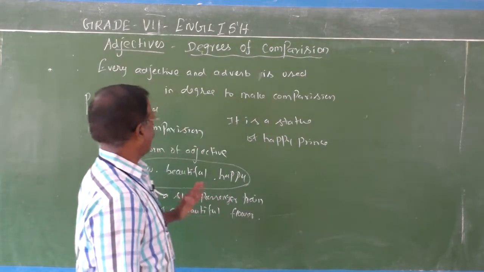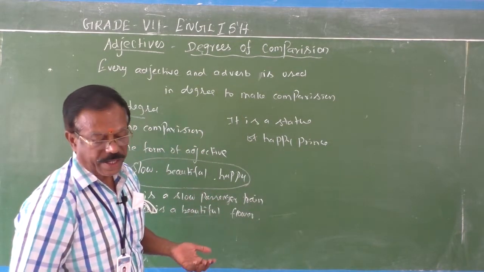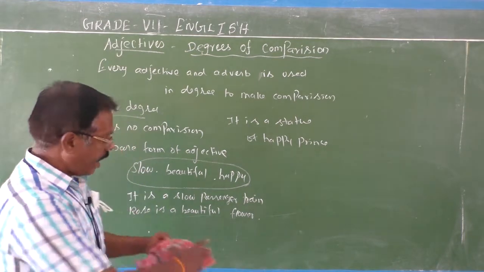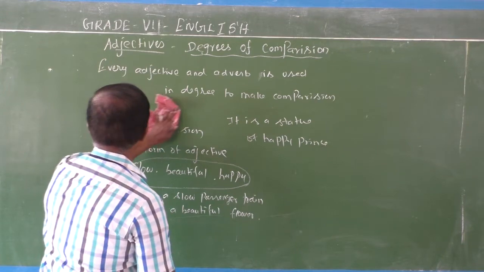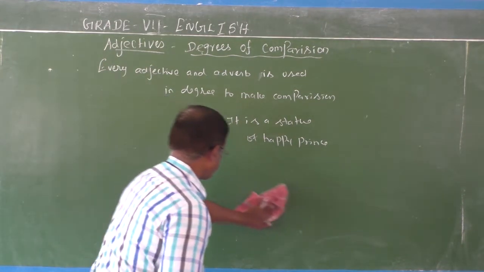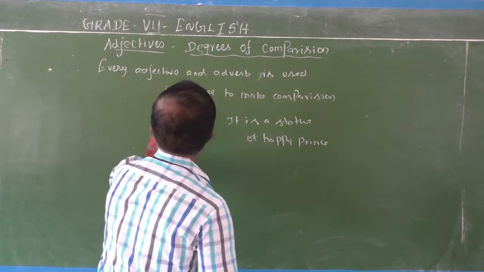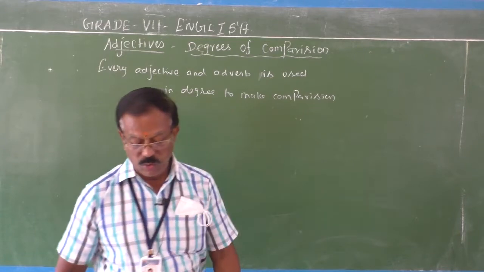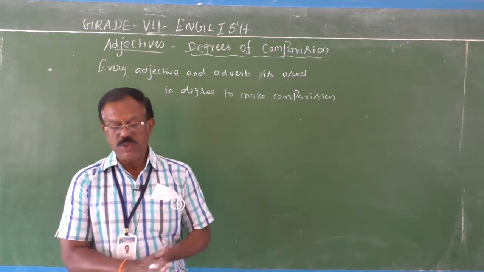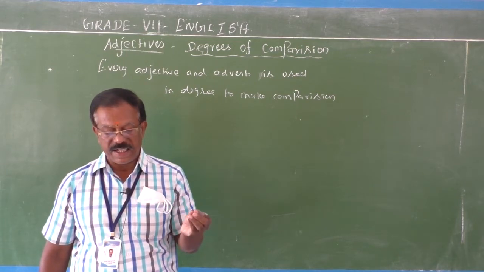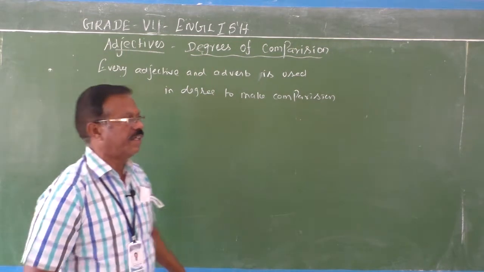Children, very nice. Next, let me explain comparative degree. What do you mean by comparative degree, and what is the difference between positive and comparative degree? You should know the difference also. When you compare the quality of two objects, this compares two things to show which has lesser or greater degree of quality.